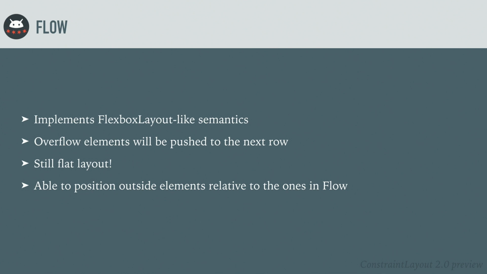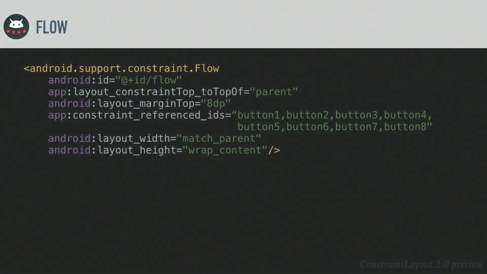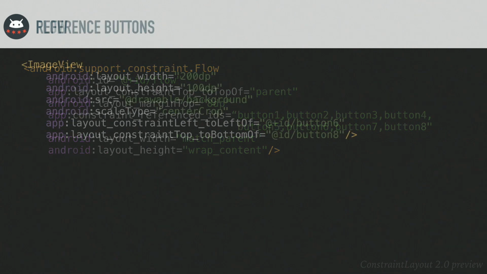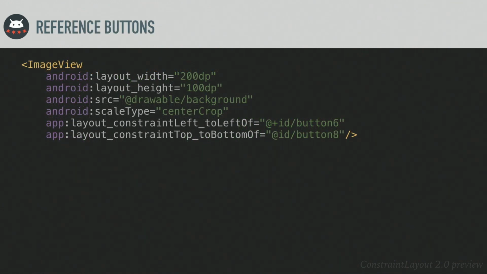Otherwise, all the rest is still the same. It's still flat, and you use it exactly the same way. You reference your IDs, and if I use an image view here, I can. That's the other thing that you could do with linear as well, is that you can also reference directly the elements that are in that layout.